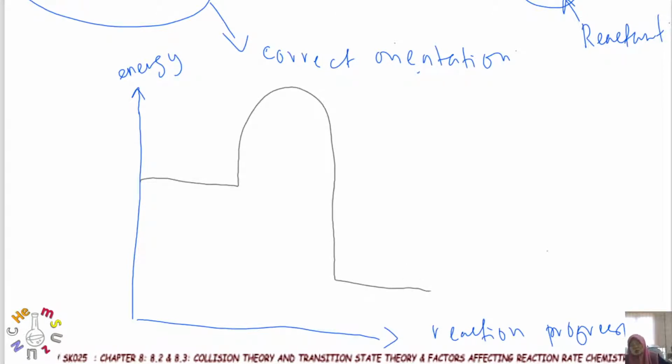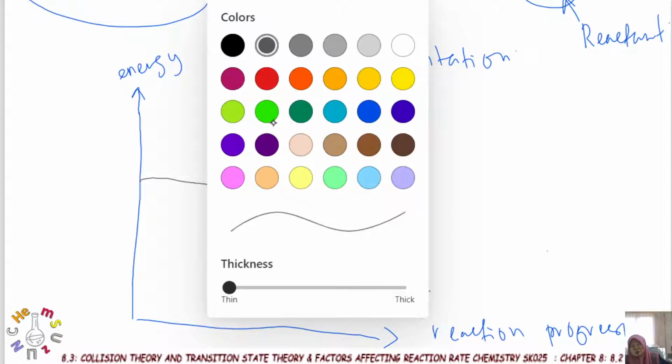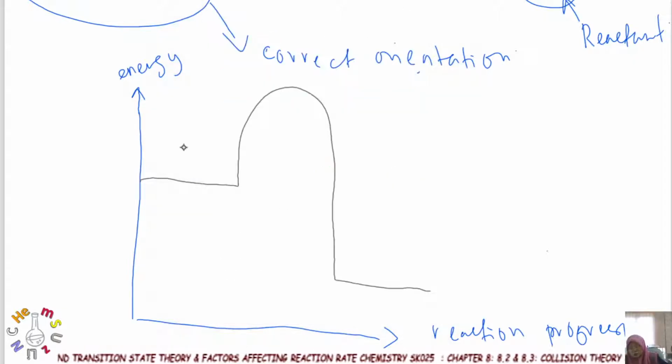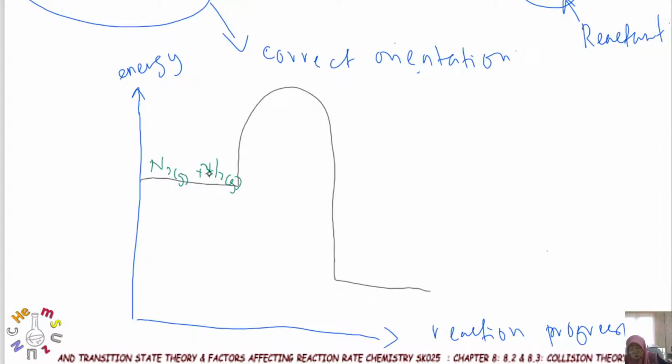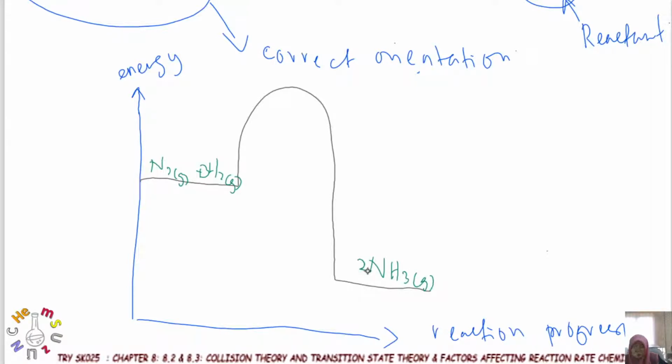Then we label here is nitrogen gas plus H2 gas, so 3 mole H2. Then here is NH3 gas, 2 mole.